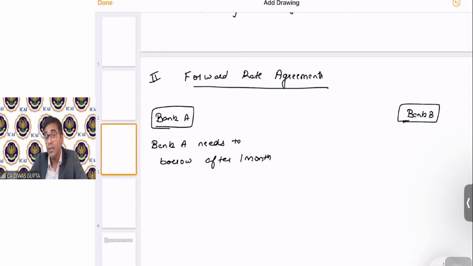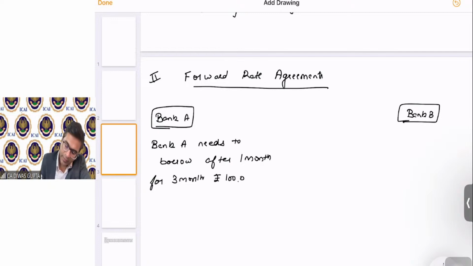So Bank A does not need to borrow today. Bank A needs to borrow after 1 month, for 3 months, Rupees 1 lakh. Clear? The requirement of Bank A is clear. Bank A wants to borrow, 1 month from today, an amount of Rupees 1 lakh, and the duration it needs to borrow for is 3 months.